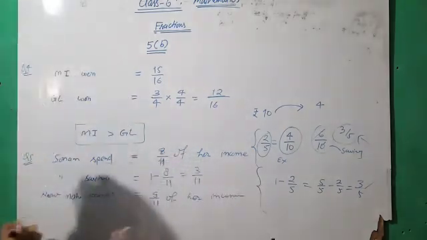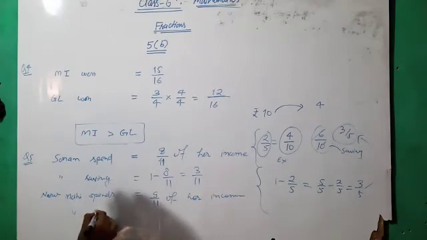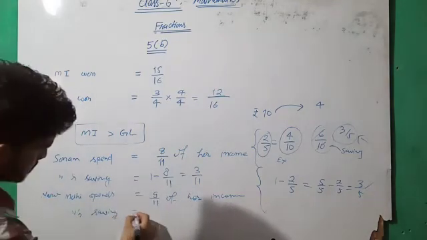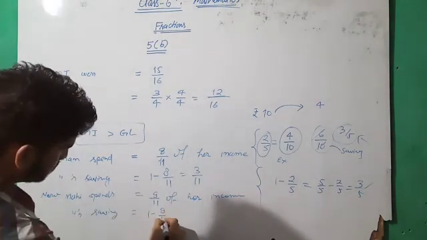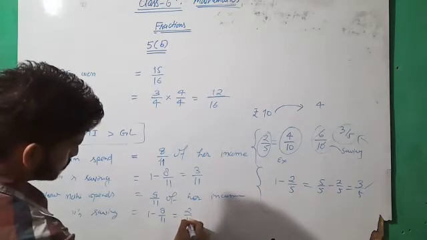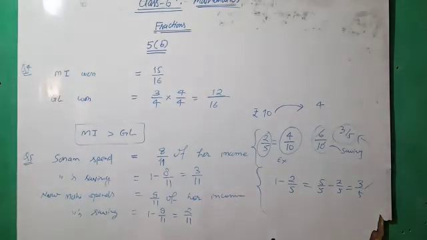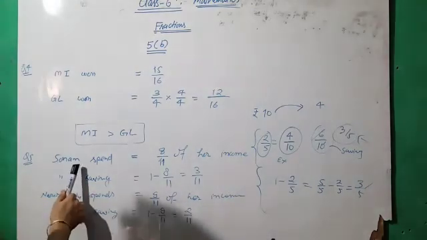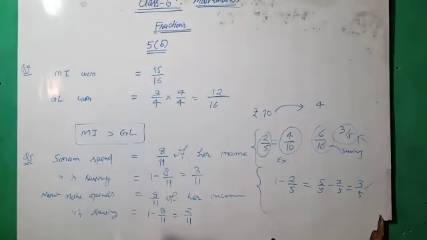So savings of Mahi. Mahi's savings is 1 minus 9 by 11, that is 2 by 11. So which girl saves more? Sonam saves more than Mahi because 3 by 11 is more than 2 by 11.